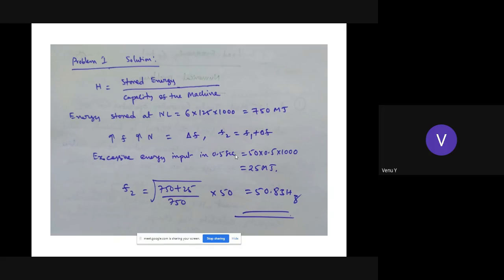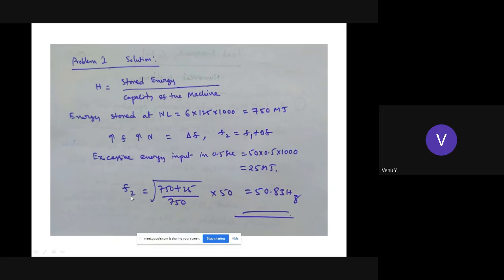PM is decreased by the amount of 50 megawatts, and it will take 0.5 seconds. In the meantime, the change in energy equals 50 into 0.5 into 1000, 25 megajoules. 25 megajoules is the excess energy.